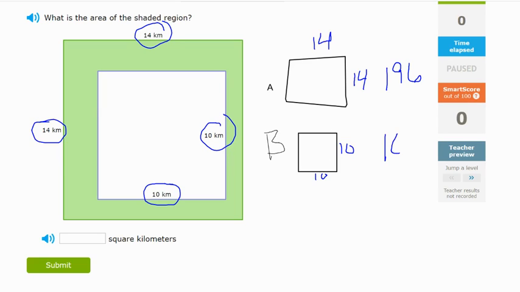So that's going to be 100. So if we take 196 and 100, we're subtracting them because it's as if we took the smaller rectangle and cut it out of the middle of the big rectangle. So we're actually going to subtract this, and we get 96 kilometers squared.